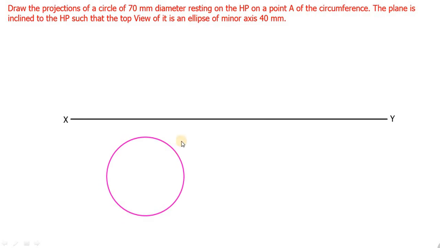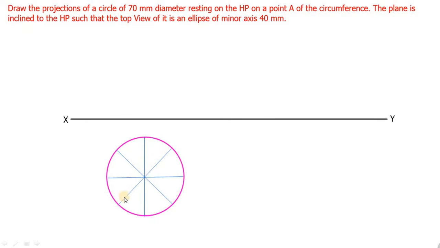Draw the circle of diameter 70 mm. Then divide the circle into 8 equal parts, so as to create the points over the circumference of this circle. First divide into 2, then into 4, then into 6 and 8.